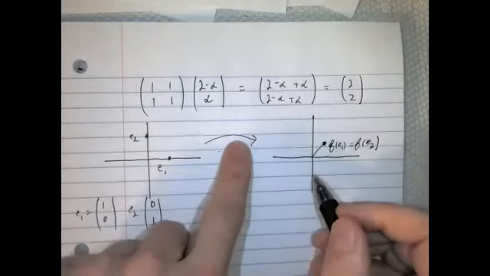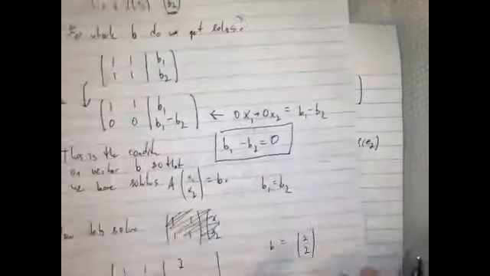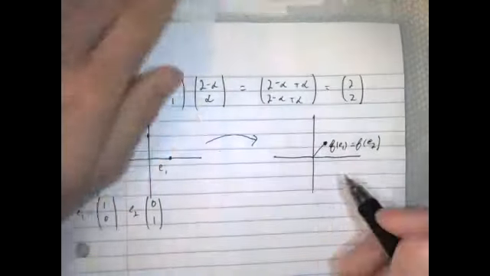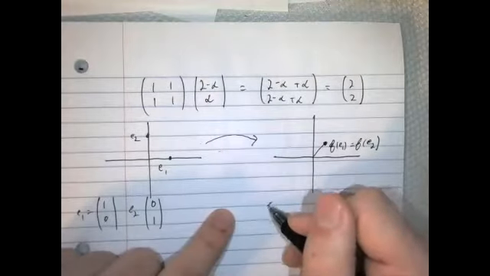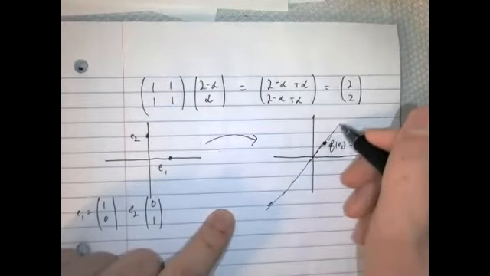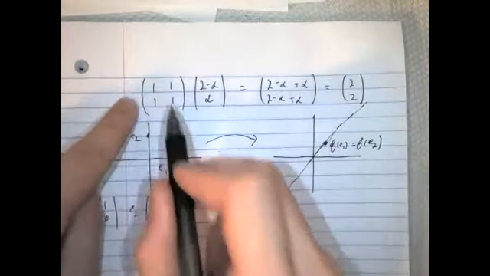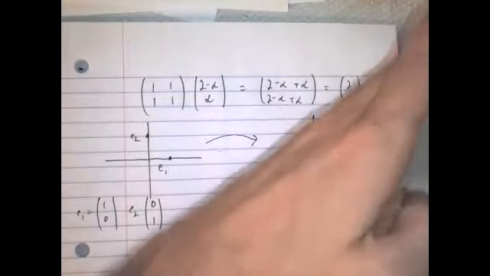Now, geometrically, this condition that we found, that b1 has to be equal to b2, is saying the only things that are hit under this linear transformation are the things lying on this line, because this linear transformation 1, 1, 1, 1 sends all the vectors onto this line.